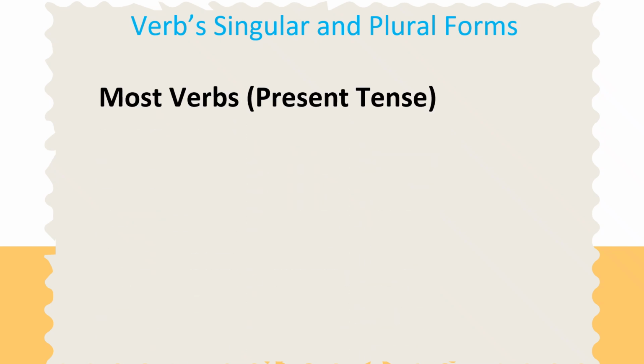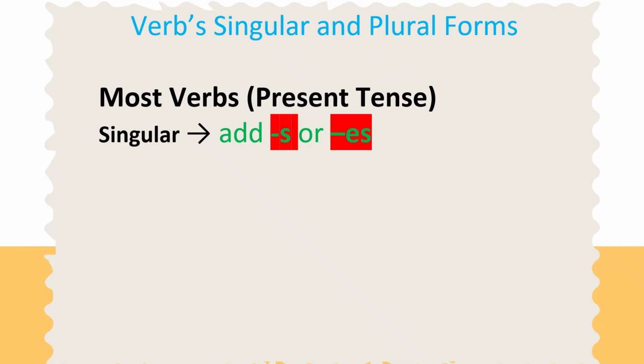Let's talk about verb singular and plural forms. For most verbs, here we are talking about the present tense. The singular form of the verb is to add s or es after the verb.